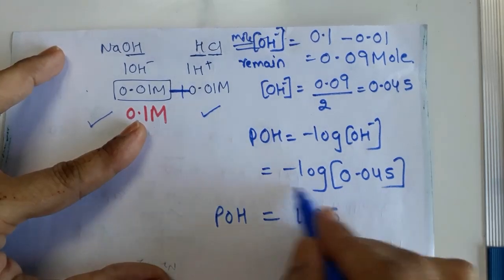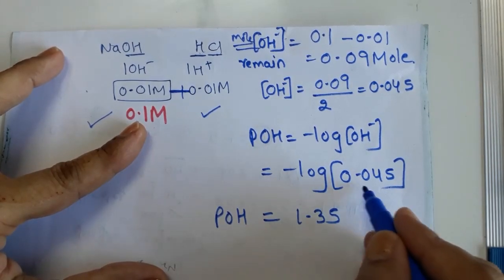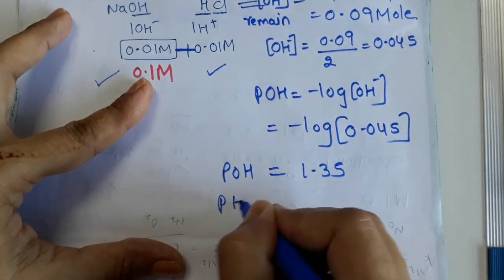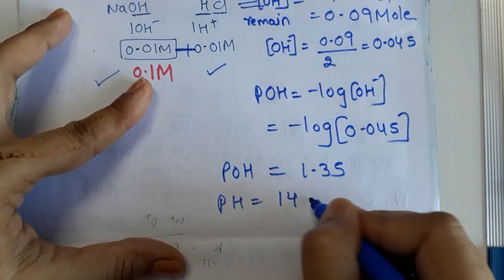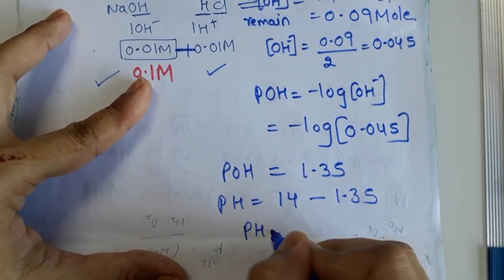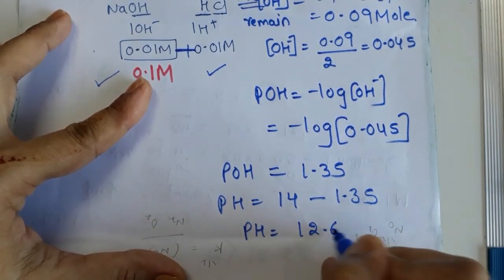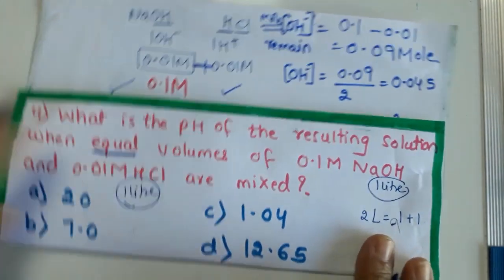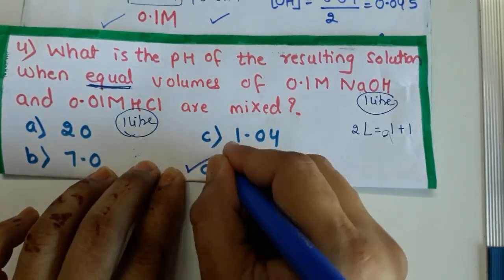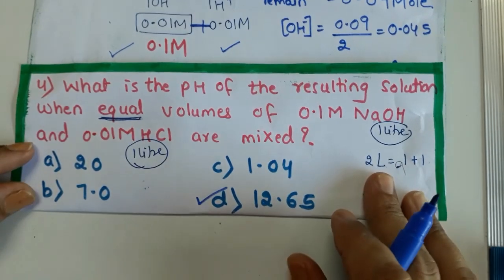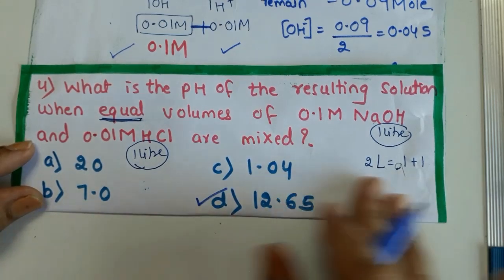Students, please check this value, log of 0.045. Now pH is equal to 14 minus 1.35, and then the answer would be 12.65. So here D option would be our answer. I hope you have understood these videos, all the questions I have discussed with you so far.